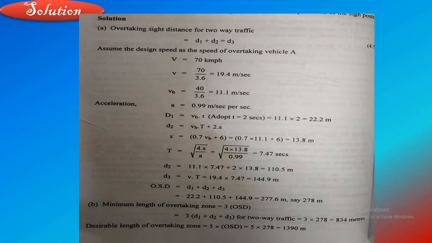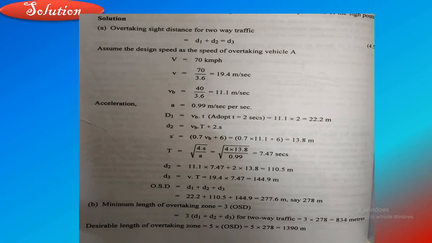And here the VB value is also mentioned, that is 40 by 3.6. The value is 11.1 meter per second.